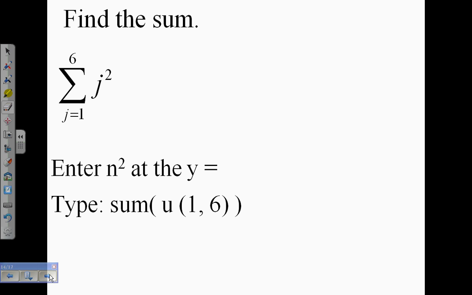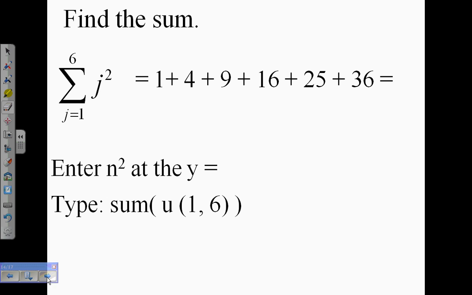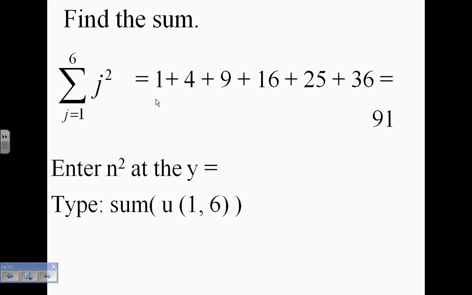This is a different way of doing it. No, I'm not going to do it this way. She got 91. I would do it as, remember, I'm not doing ends. So I'm going to go to sum sequence x squared, x, 1, 6, close it off. Okay? Very good.